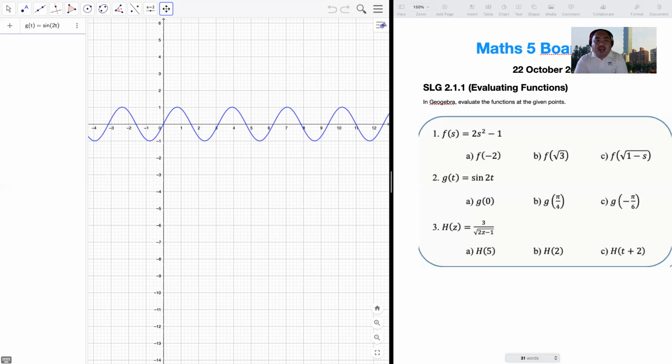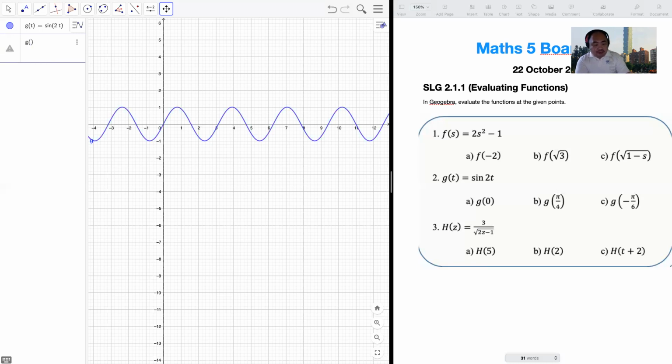You will be able to see from the graph that it is a sinusoidal function because it is the sine function. And how do you evaluate these functions at different given x values? Very simple. You just write them down.